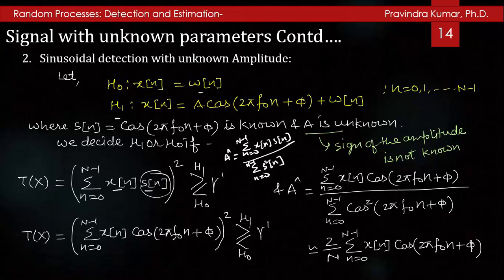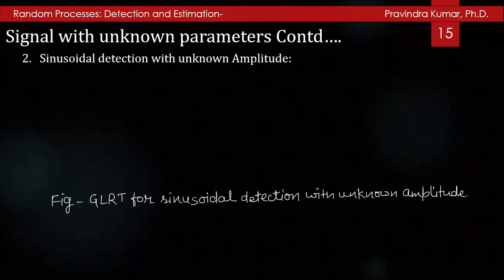This is the maximum likelihood estimated value of A, and here s[n] is cos(2 pi f0 n plus phi). Now you know the test statistic T(x) is equal to the summation from n equals 0 to N minus 1 of x[n] cos(2 pi f0 n plus phi).